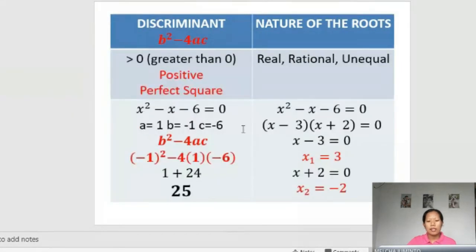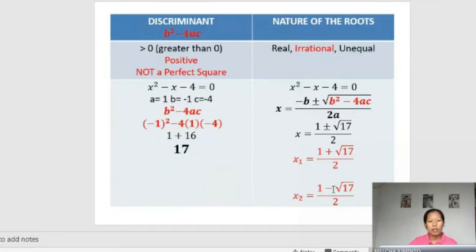In the second case, if you got a discriminant which is positive, perfect square, we're looking for two roots which are real, rational, but unequal. That is the second characteristic of the roots based on the discriminant.